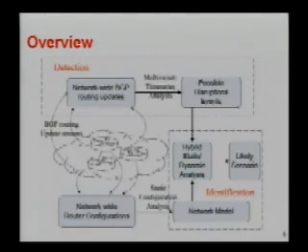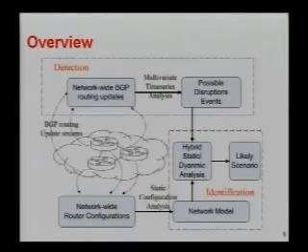So the system that we've built basically has two pieces corresponding to the two aspects of diagnosis. The first is detection, right? So you want to know something interesting just happened. The key there, of course, is reducing the amount of noise so that when you get these detection alarms, it's highly likely that something interesting actually did happen. So that's where we're using this network-wide analysis of BGP routing updates.